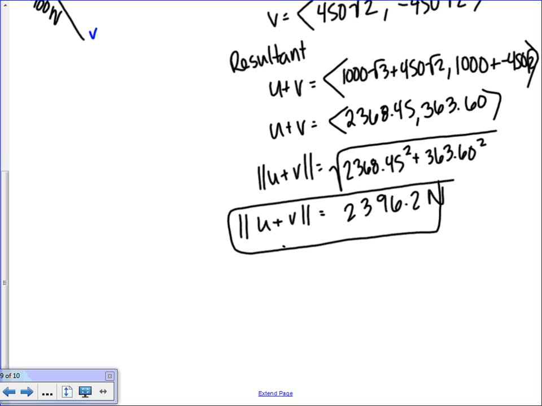So to find direction angles, if we have component form, this is like our A and our B. And so for the direction angle, we would write the tangent of theta is equal to 363.6 divided by 2,368.45, and then we would arctangent both sides.